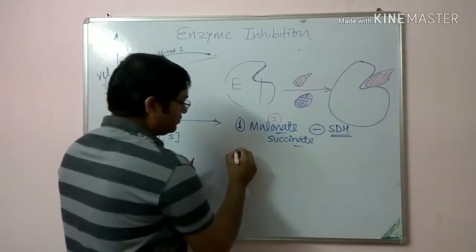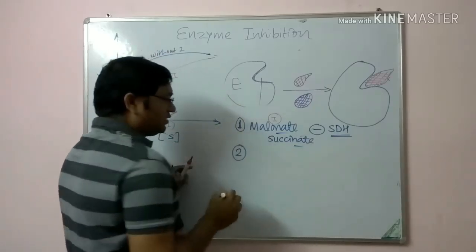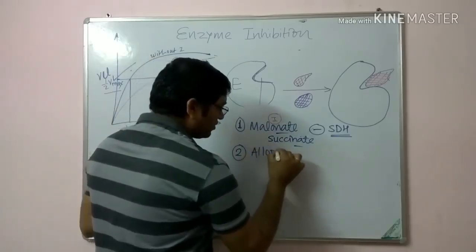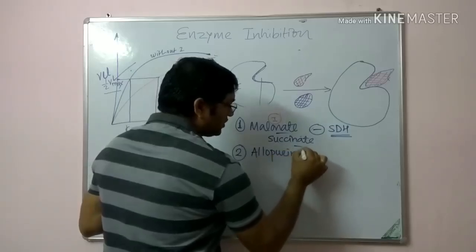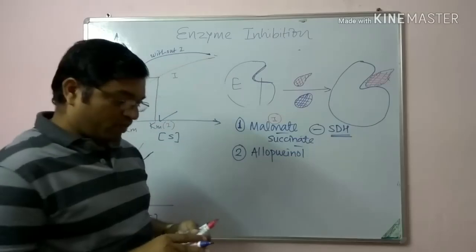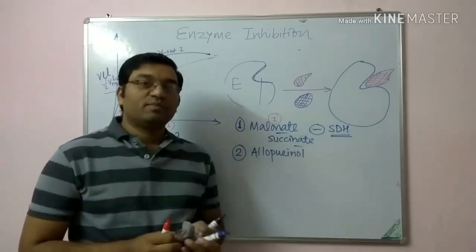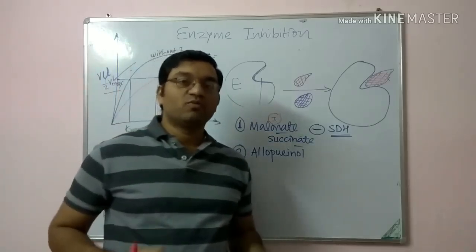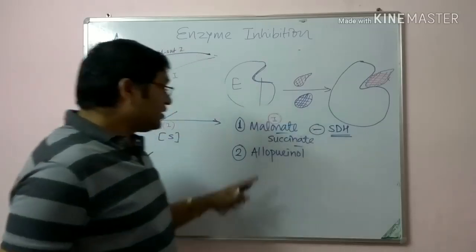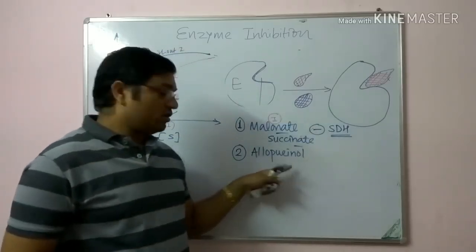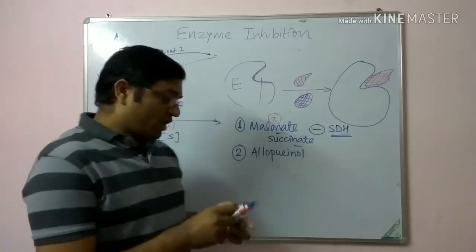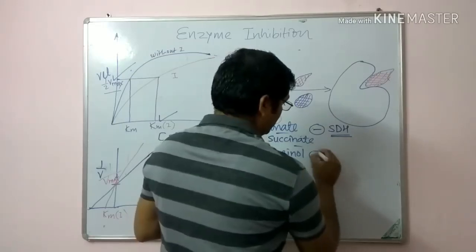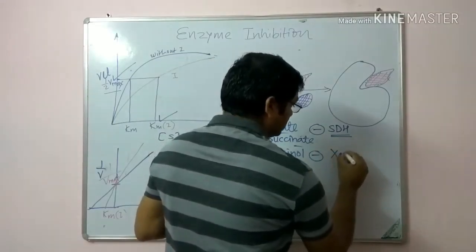The second common example is allopurinol, which is a drug. It is used in the treatment of gout, that typically involves the first metatarsophalangeal joint. There is intense pain due to the deposition of urate crystals in the joint. For the treatment, we use allopurinol, and it inhibits xanthine oxidase.